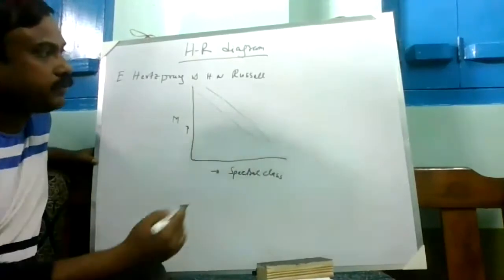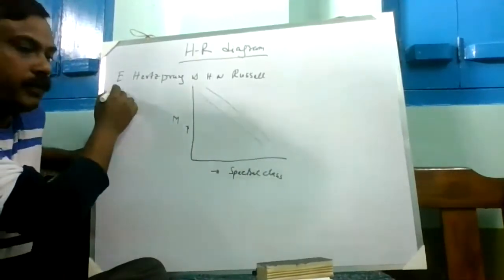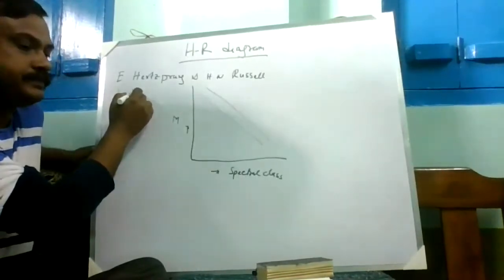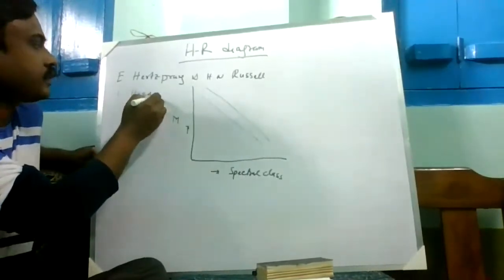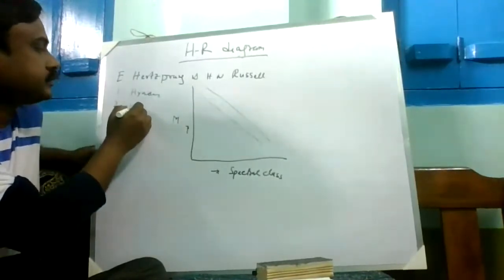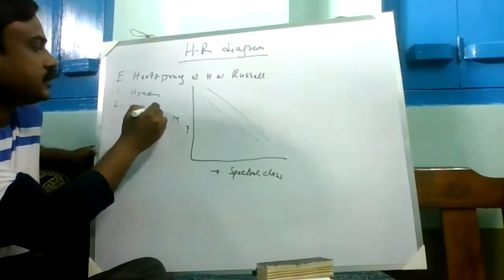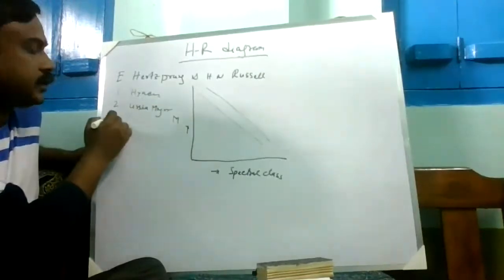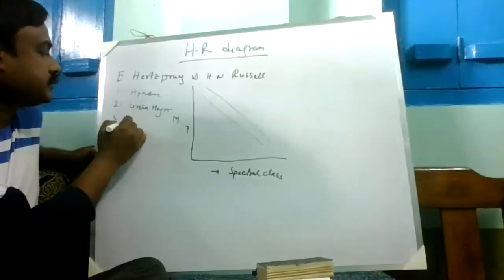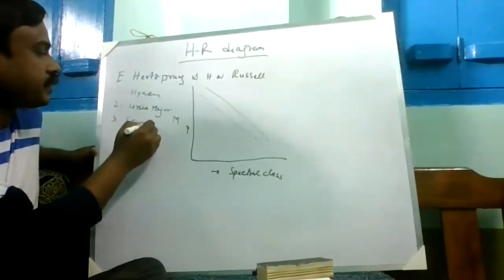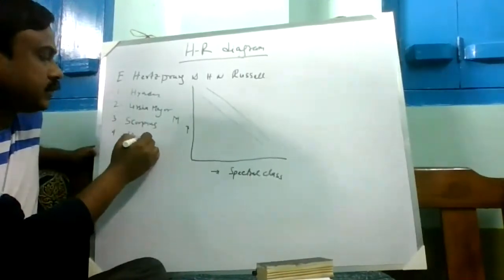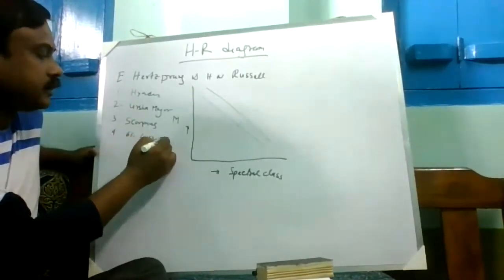He used four star clusters. Number one is Hyades, number two is Ursa Major, number three is Scorpius, number four is 61 Cygni group.